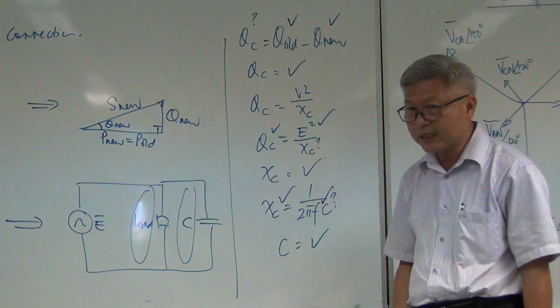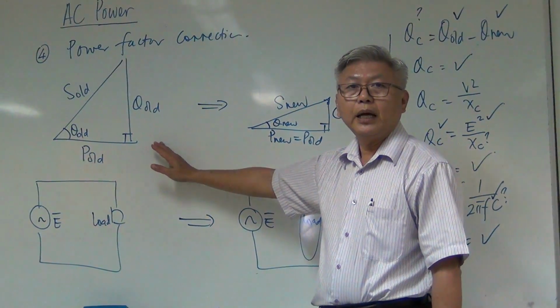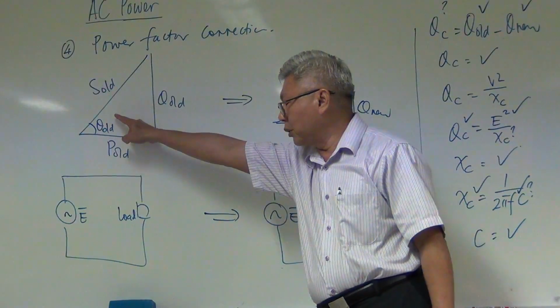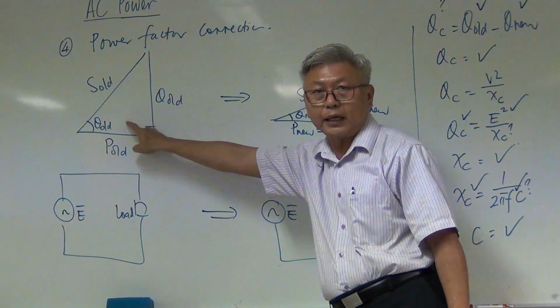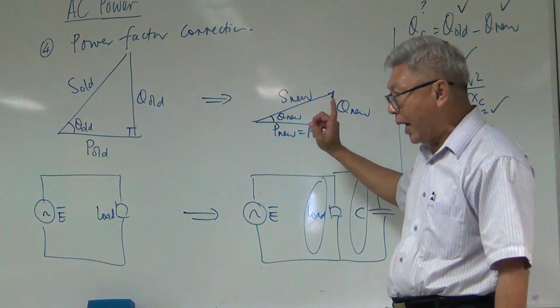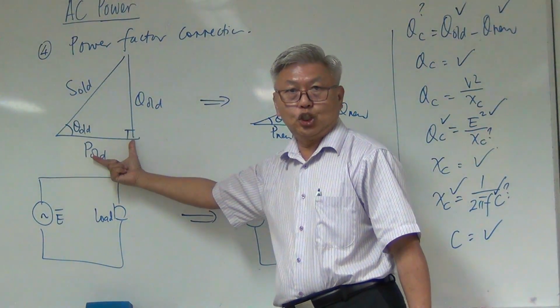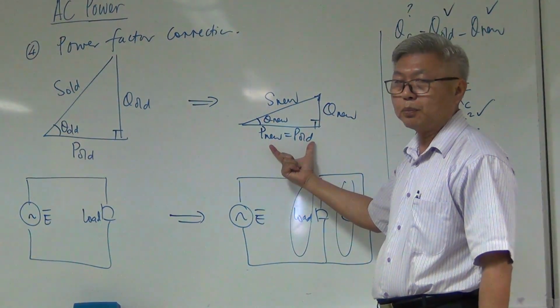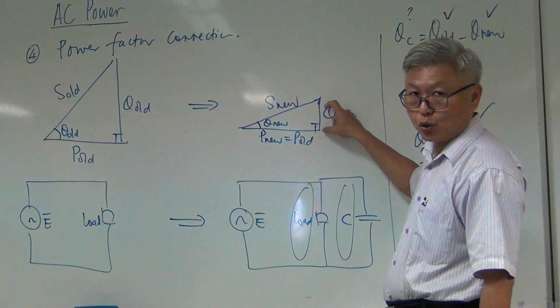Simply said, you need a power triangle. To improve the power factor is to make the angle smaller, because for cosine theta, the smaller the angle, the bigger is cosine theta. So you make the theta small. But bear in mind that we want our true power to remain unchanged. So my new true power is the same as the old true power, but my reactive power now is a shorter one.